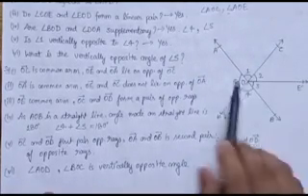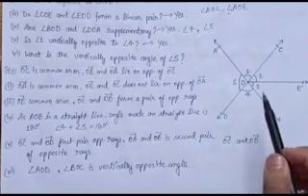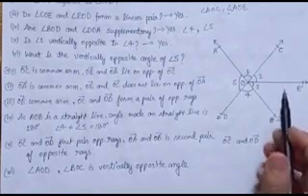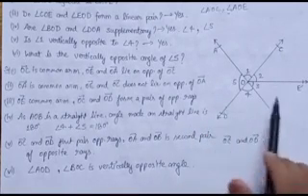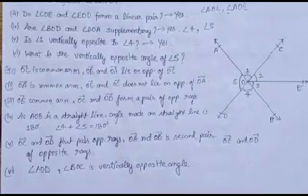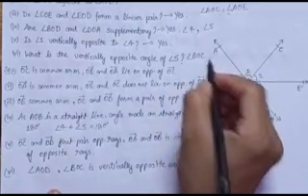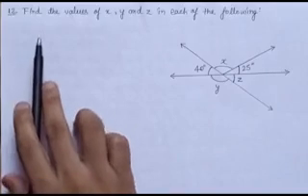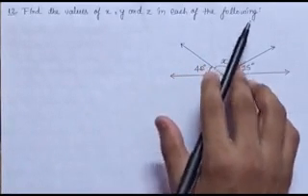That is, for angle AOD and BOC there are two pairs of opposite rays. Hence it is clear that angle AOD and BOC are vertically opposite angles. So our answer is angle BOC.